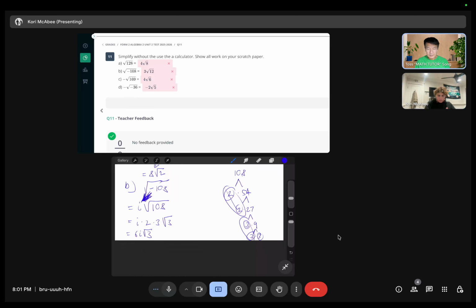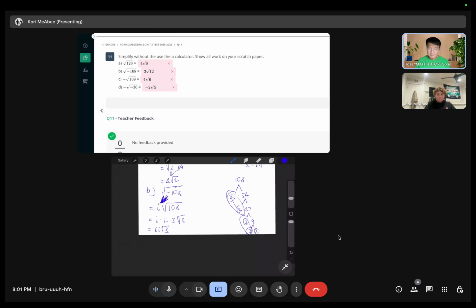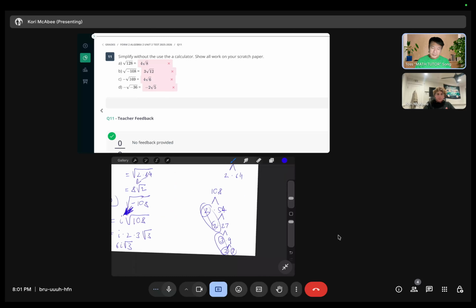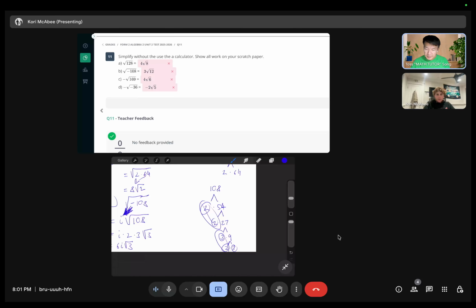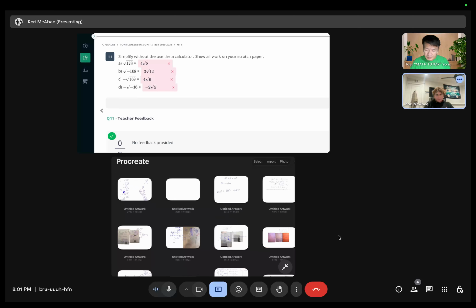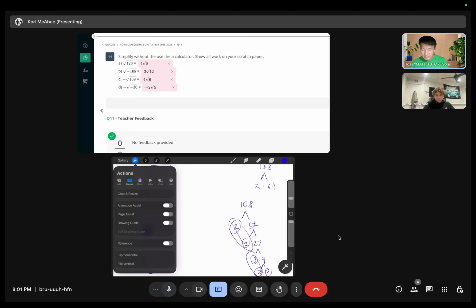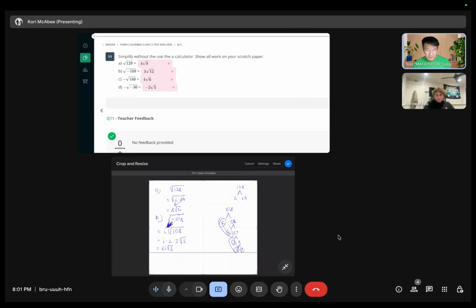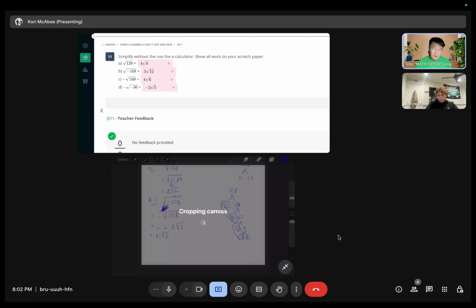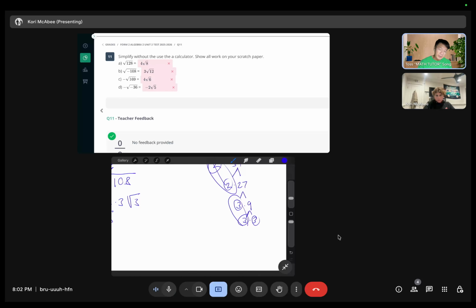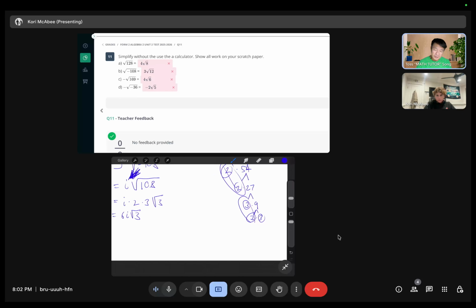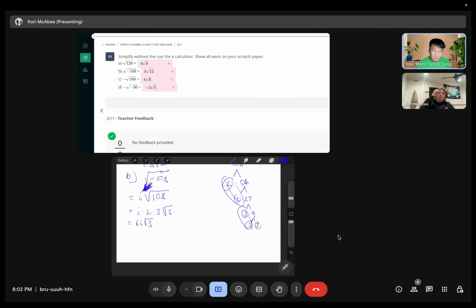Yep, that's it: 6i root 3. You remember something about the prime factorization, right? That's the way you normally do it if you go all the way and you didn't pick up a perfect square in the tree somewhere. Even if you do, it's going to be kind of confusing. I saw a 9 and wanted to put it there, but I think you might get confused. So I just continue methodically like that.